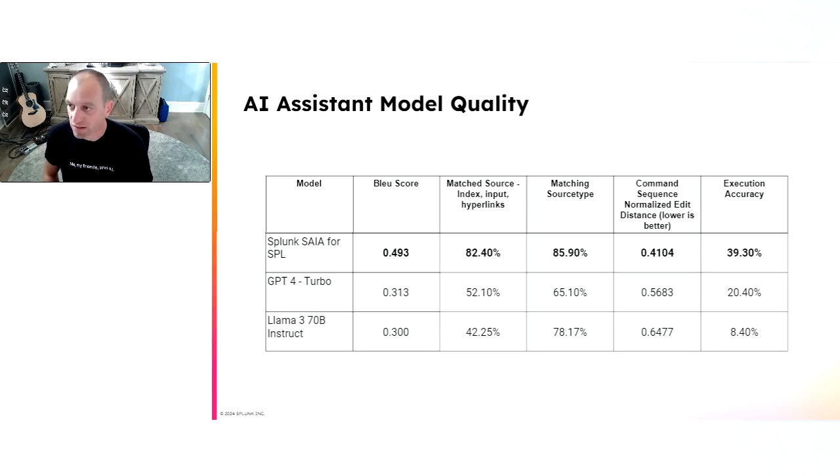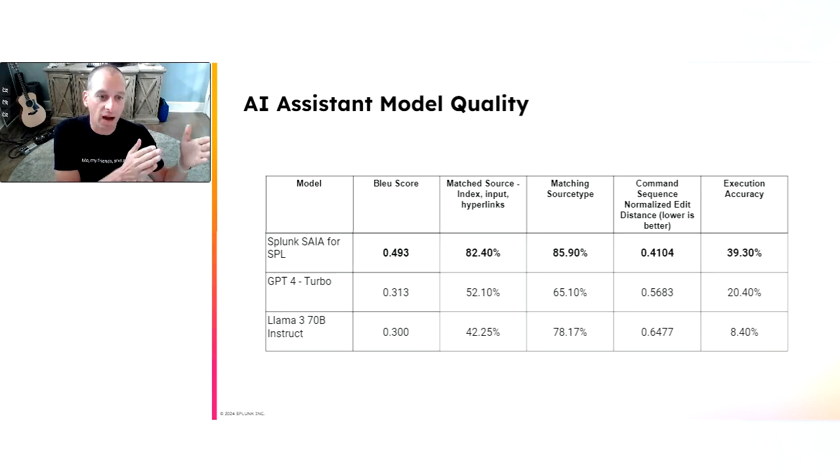The first one is that we are trying very hard, and based on the data and the expertise that we have, going back to what Sancha said, we believe we're uniquely positioned to create SPL that is more accurate and more relevant than anything else, right? And so we're actively testing and benchmarking the AI assistant for SPL against things like ChatGPT, okay? We're looking at a couple of different metrics.